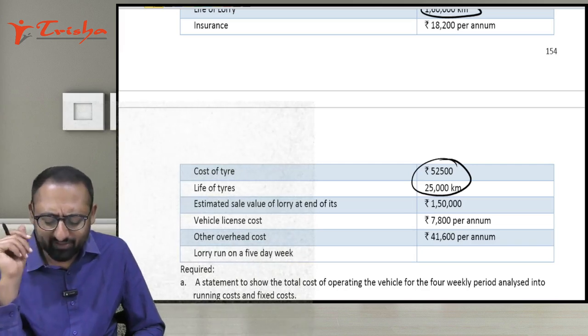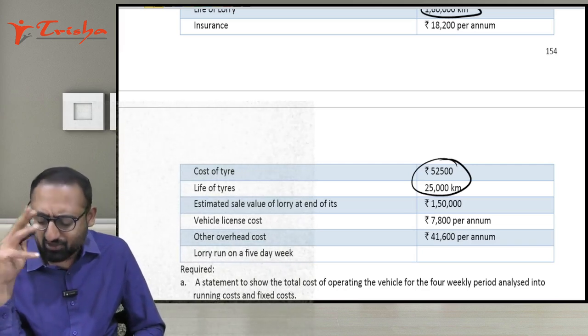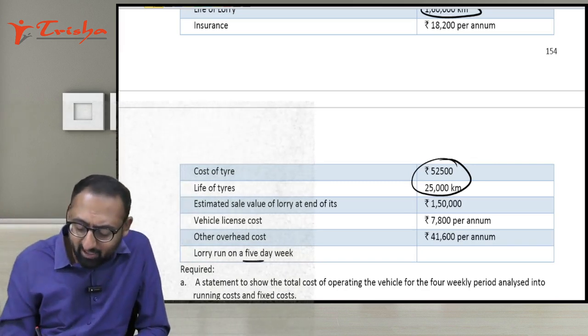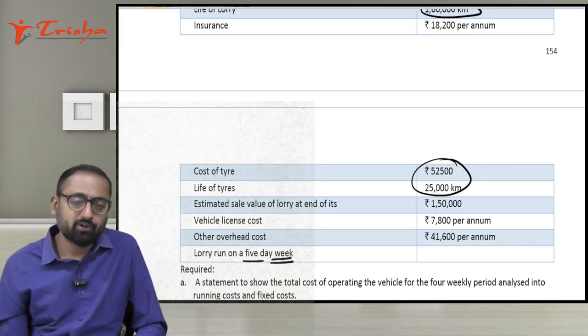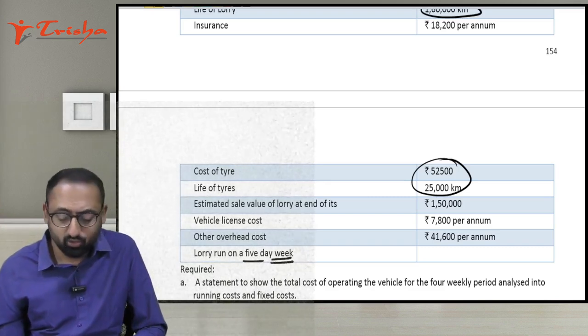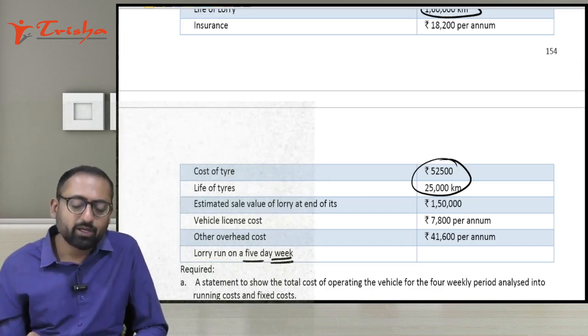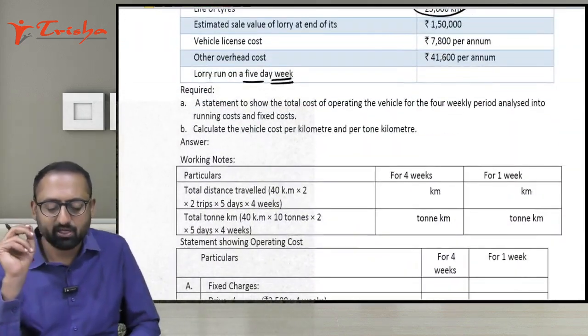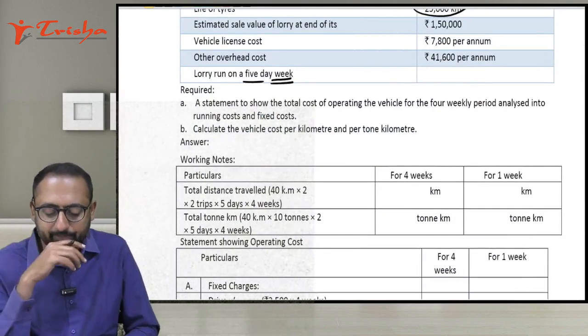License cost is a fixed cost, other overhead is a fixed cost, 41,600 per annum. Lorry runs 5 days a week. Data is given for a 4 weekly period, and the lorry is working 5 days a week.